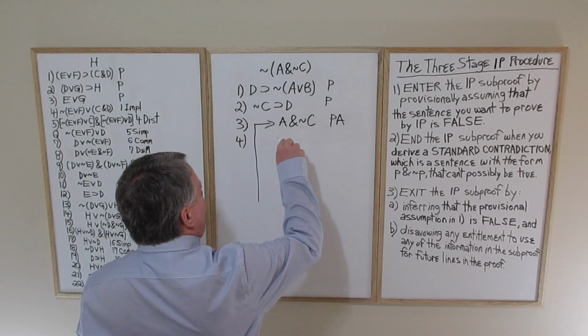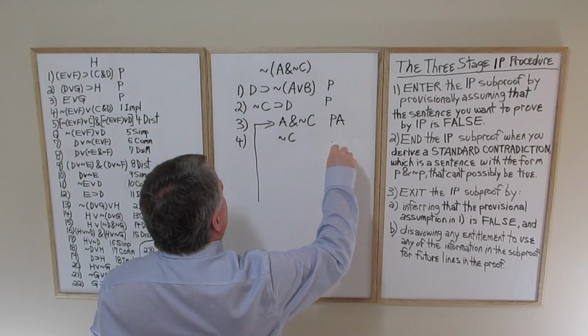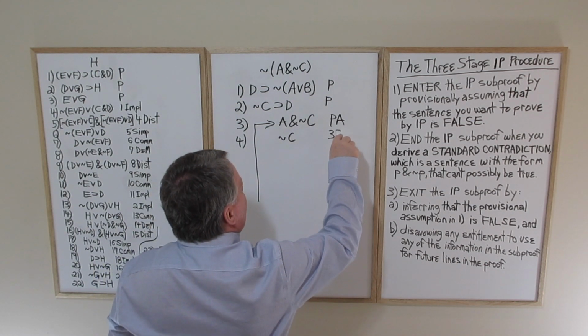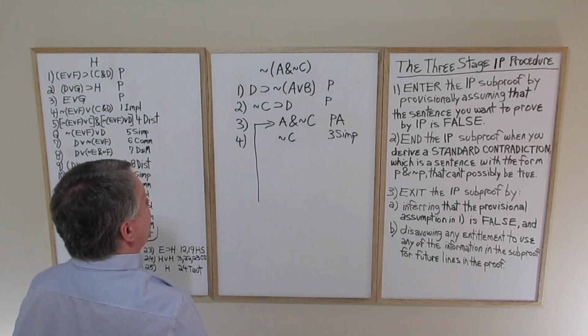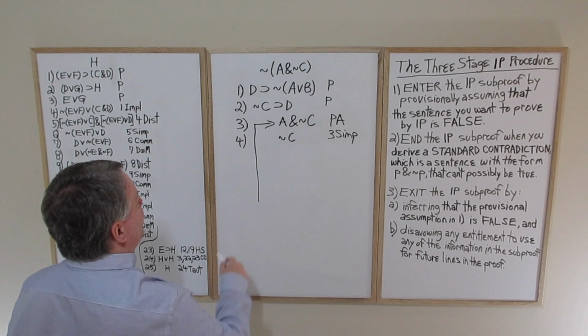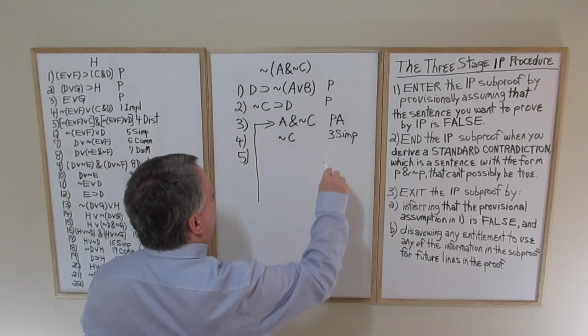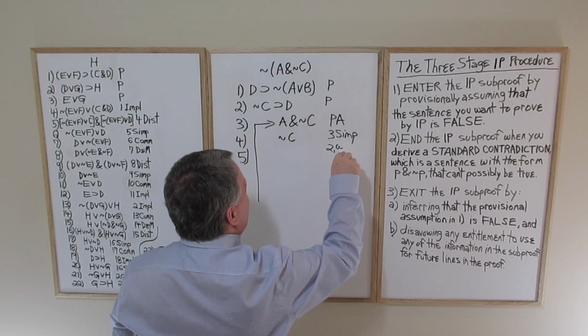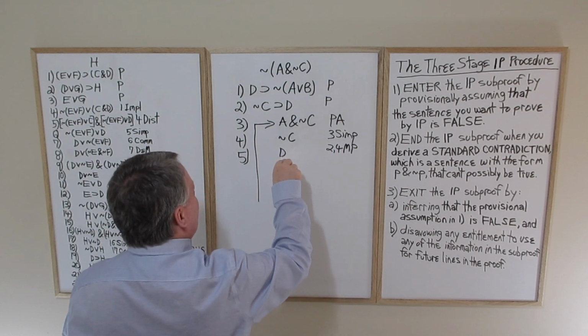Here, the first simplification, 3 simp, gives us the antecedent of the second premise. So 2, 4, modus ponens will give us D.